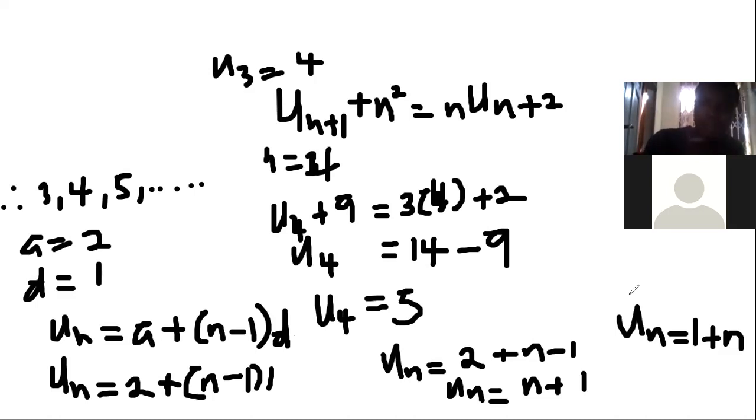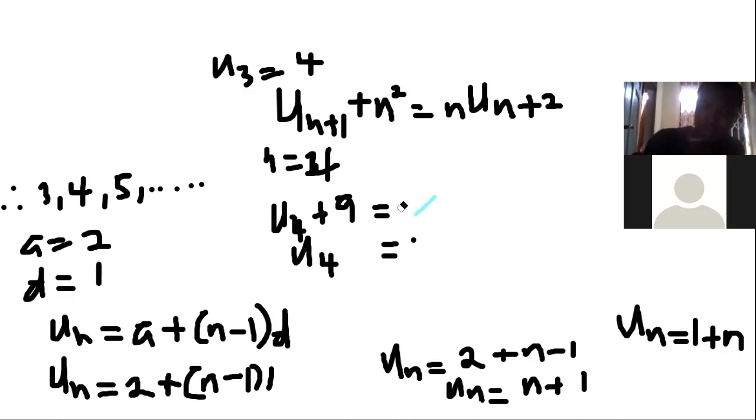Now the other question is that we should find the sum of the first n terms. This one is synonymous to the previous one, except that this one is talking about the sum. Find the sum of the first n terms.